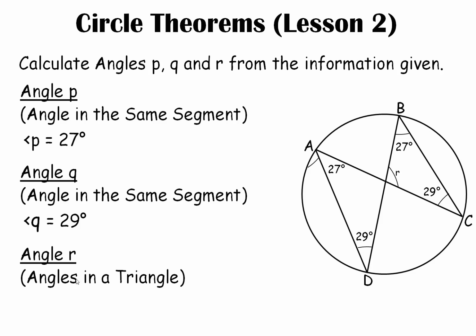So these three angles are in one triangle, and the sum of them must be 180 degrees. Angle R will be 180 degrees minus 27 degrees minus 29 degrees. That will give you 124 degrees. So angle R will be 124 degrees.